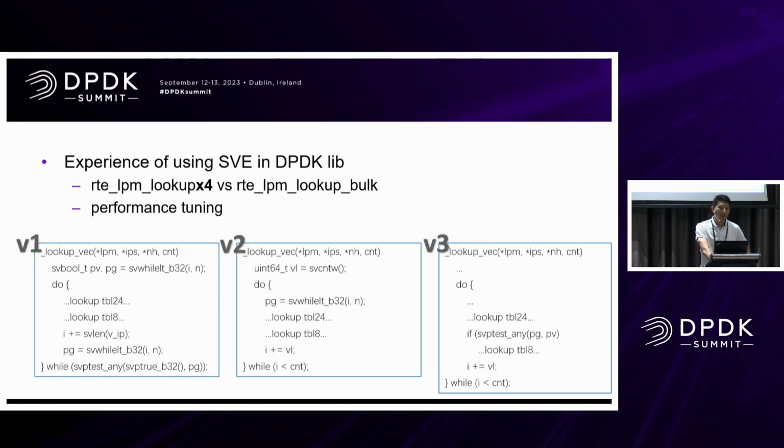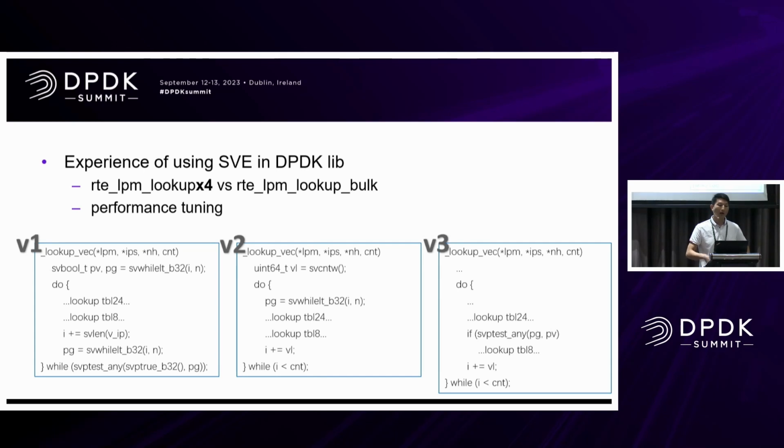And then after the lookup, sorry, and then we updated the predicates. In the first version, I used this intrinsic to check how far I should move for the next iteration.